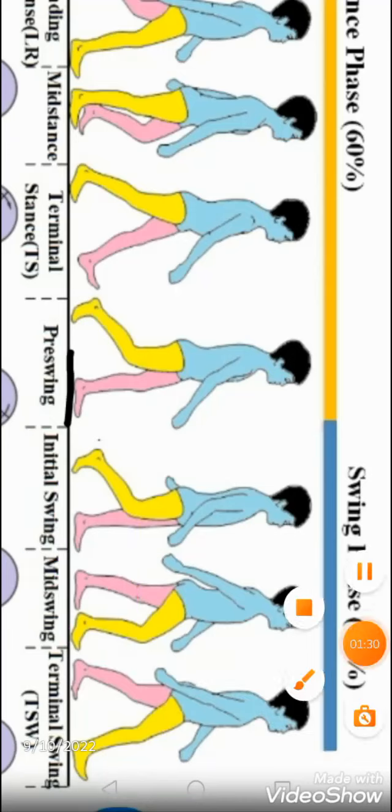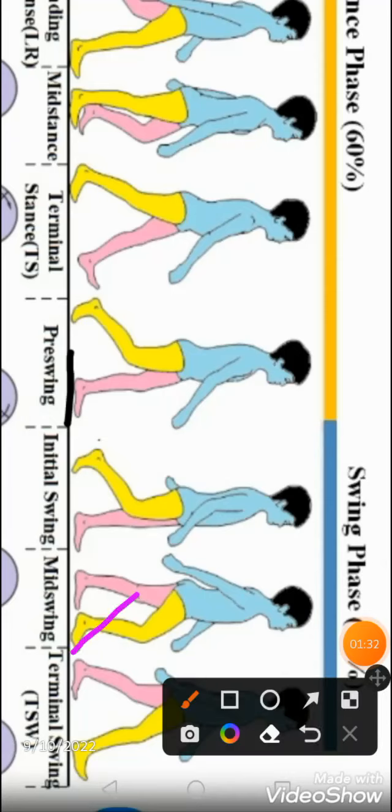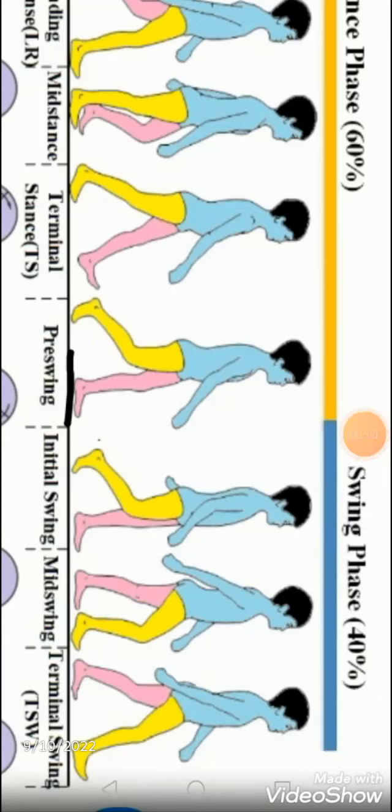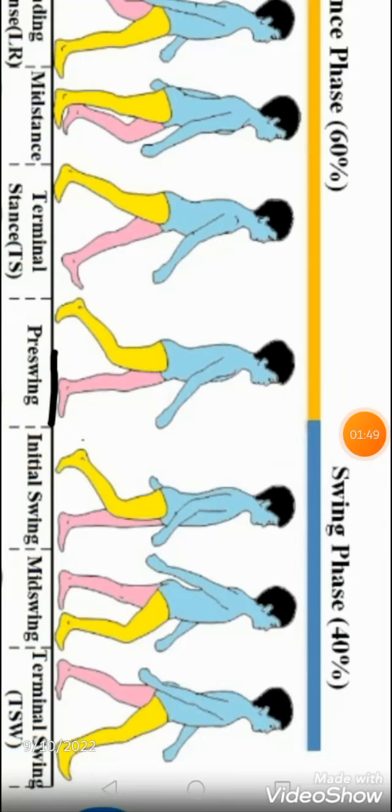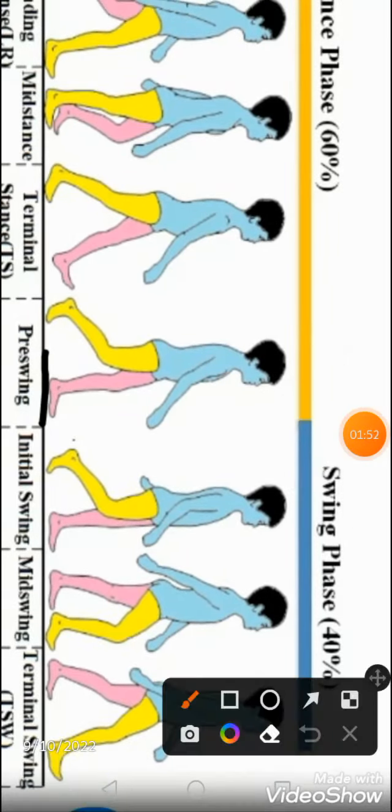Now, what is going to happen? Let me mark that in the terminal swing phase, the last part of the major swing phase. What is happening? The hip extensors are supposed to work, right? Along with the hip extensors, the knee flexors are also coming into action because they contract eccentrically at the end to decelerate or lessen the forward movement of your foot or leg.